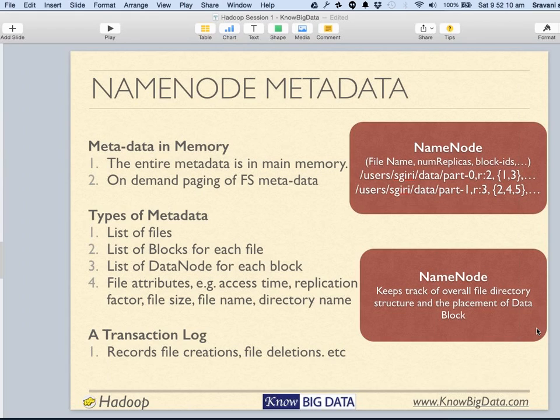Whatever data is contained in the data node is not copied to the name node. The name node only contains information like the name of the file, how many blocks there are, and where those blocks are located in the network. All right. Does it make sense, Ganesh?